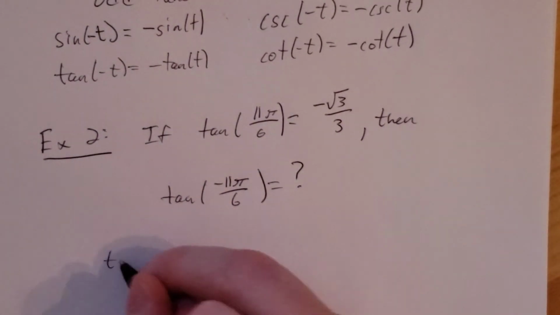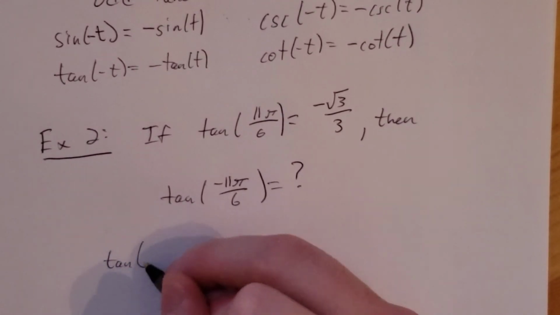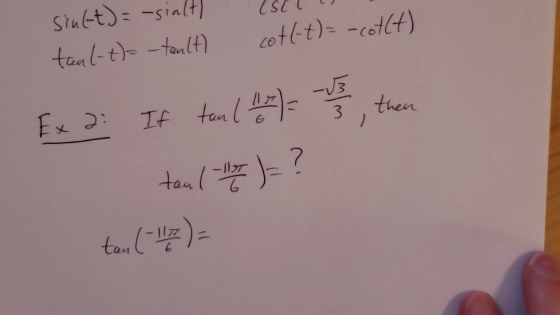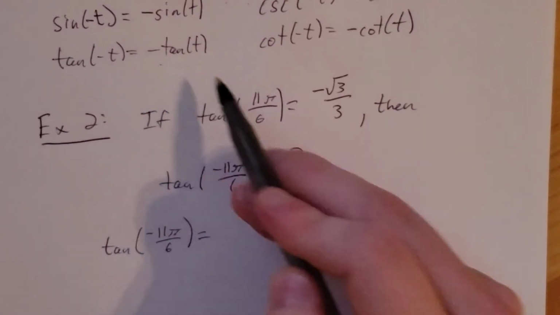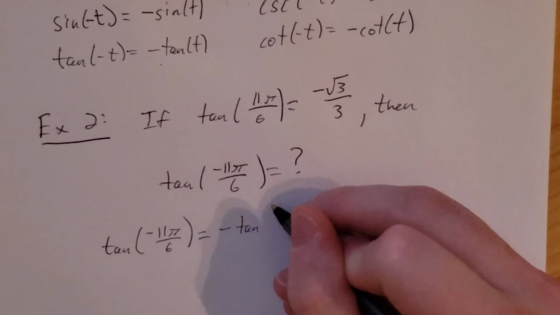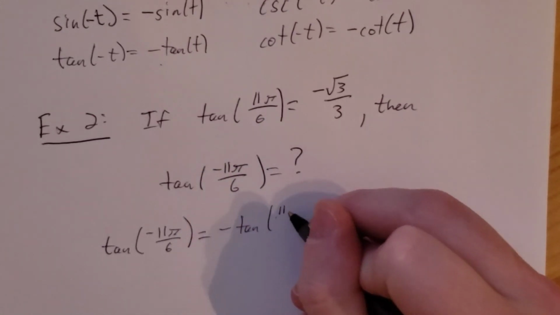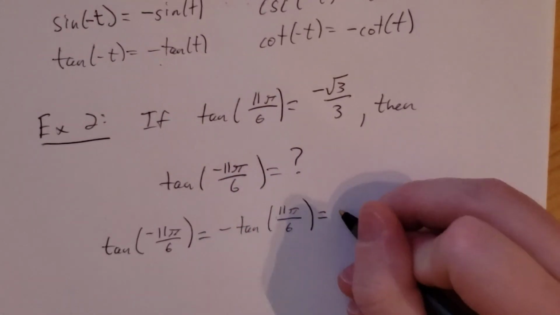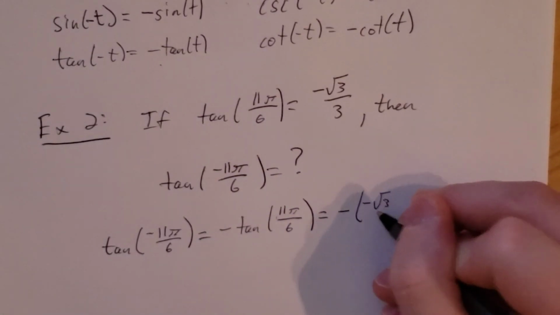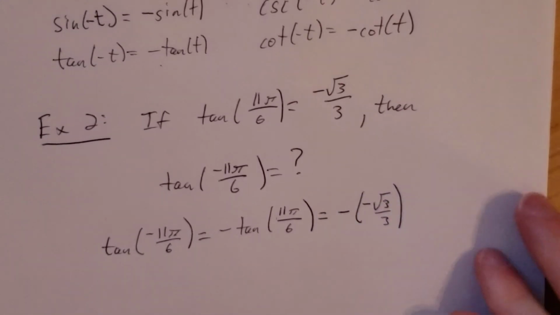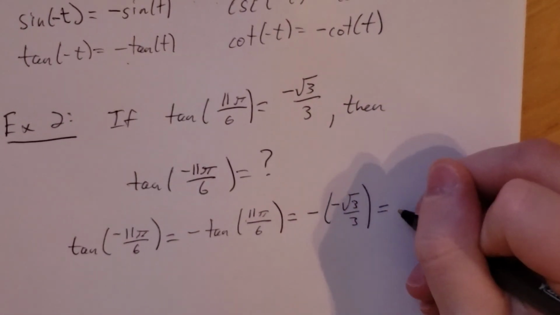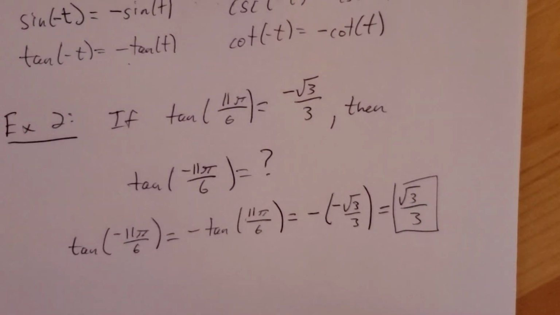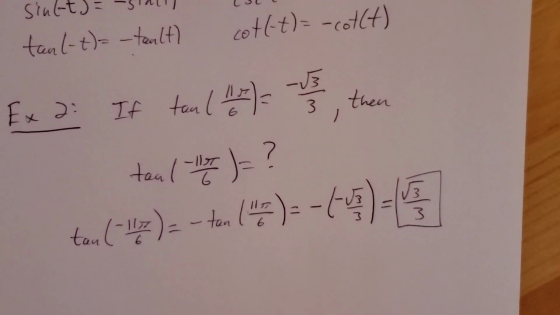Well, tangent of negative 11 pi over 6 must be negative of the tangent of the positive angle here. But we were just told what that was, so this is negative of negative root 3 over 3. Or in other words, this is positive root 3 over 3. And that's where we'll end this video.